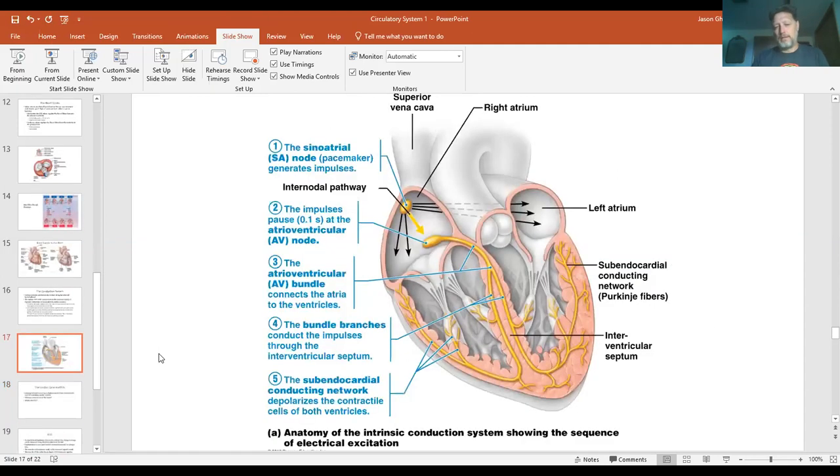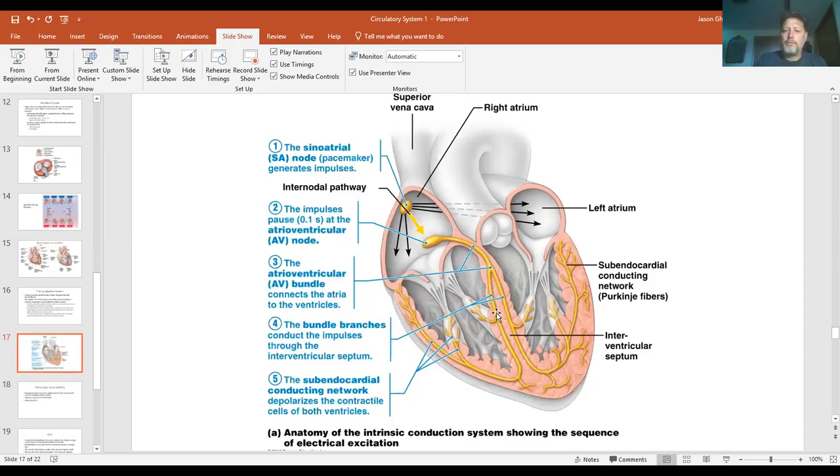So you can see a little better with the picture here. Again, here's the SA node. It starts the contraction and it passes through, and it has the atrium contract. The atria, little ones on top of the heart, squeeze and help push the blood down into the ventricles. Here's the AV node. Here's the bundle of His.